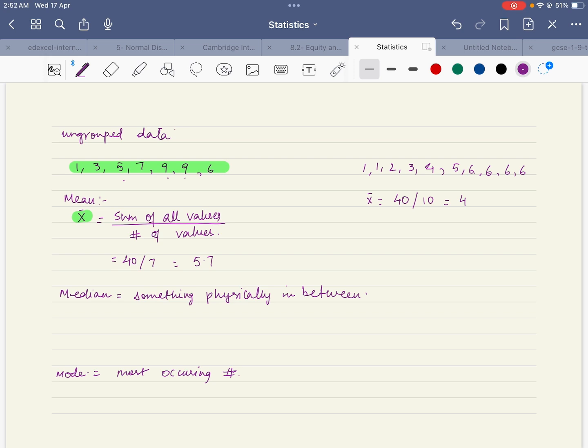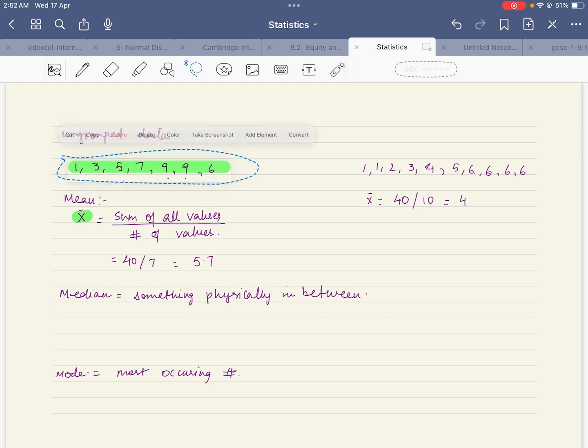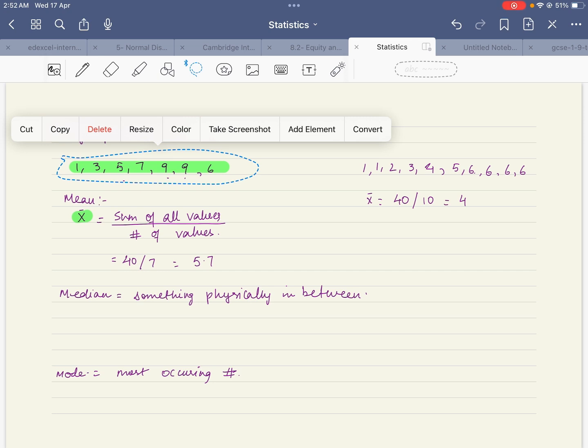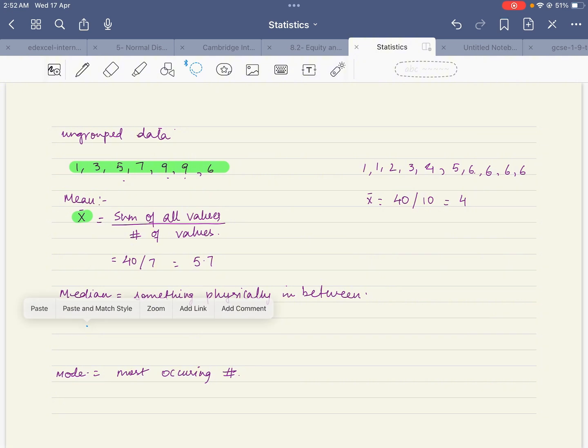Now median. Median is something physically in between. I am going to write the data once again to actually show you how to calculate the median.